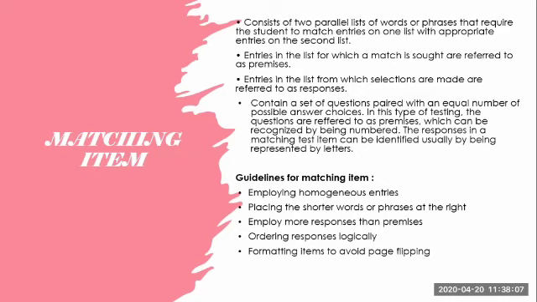It makes sure that there are at least a few extra responses. If the number of premises and responses are equal, the student who knows, say, 80% of the matches to the premises may be able to figure out the remaining match by a process of elimination.